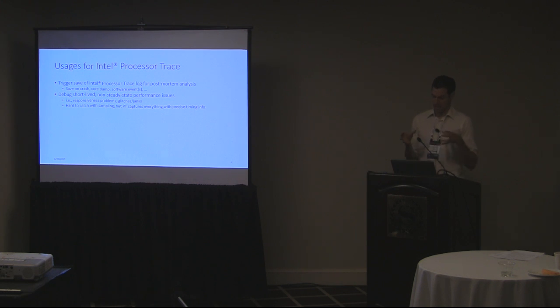But if you're looking at something that's maybe not statistically significant or doesn't last very long, using sampling at a high enough rate to look in these small timing windows is not very practical and comes with a lot of slowdown. Whereas processor trace, by virtue of giving you information on a nearly basic block level and timing at a nearly basic block level, allows you to dig very deeply into where exactly your code is executing slowly.